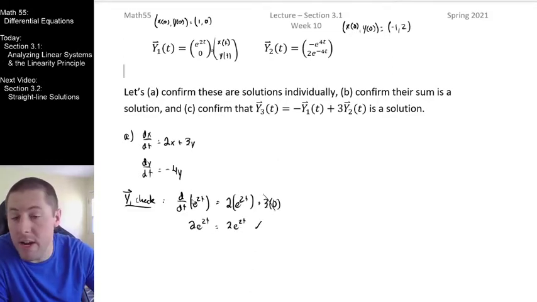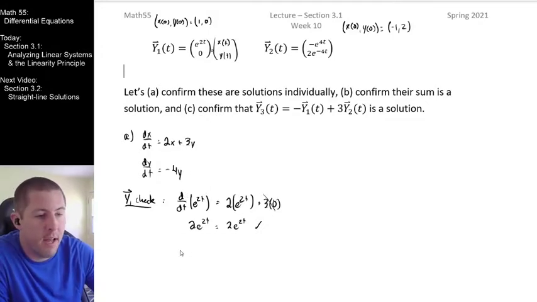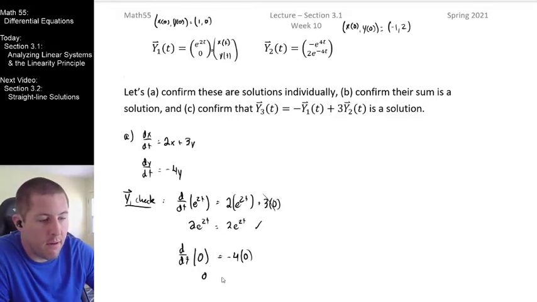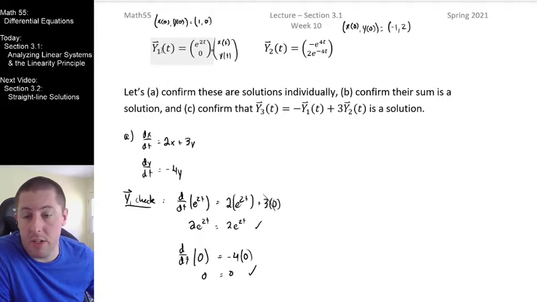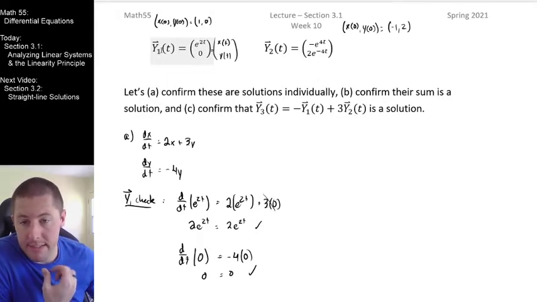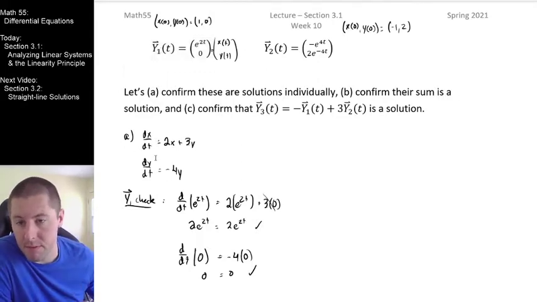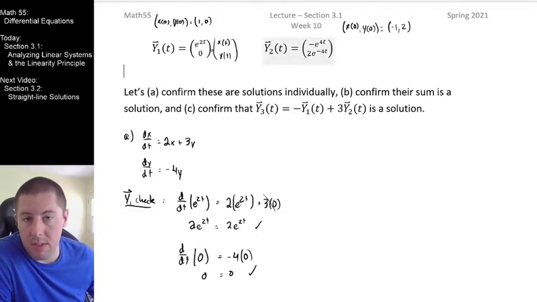So my dx/dt equation has been verified. And then our dy/dt says the derivative of 0 equals negative 4 times 0, and therefore 0 equals 0. So our y1 check is good. I checked that this y1 is a solution to this system of differential equations. Now let's go ahead and check that y2 also works right here.